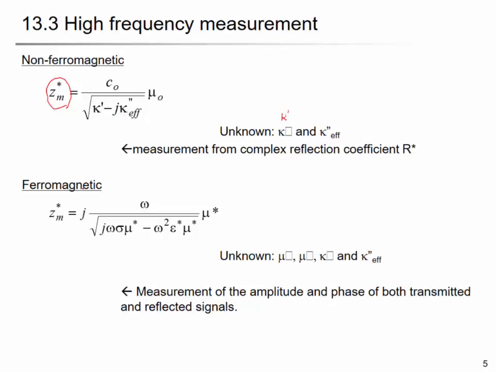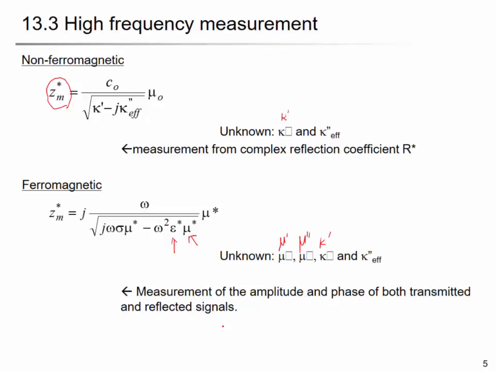Right? But for a ferromagnetic material, you have this kappa prime and kappa double prime, and also the magnetic permeability, which is unknown too. Those are mu prime and mu double prime and kappa prime and kappa double prime. Right? So because you have 4 unknowns here, you need more information from the measurement.